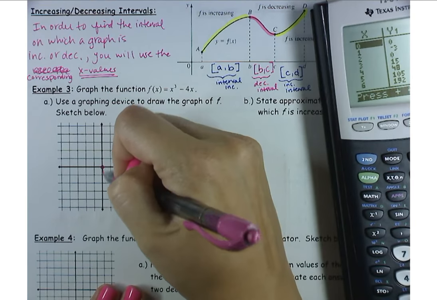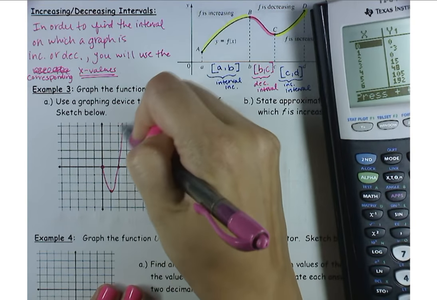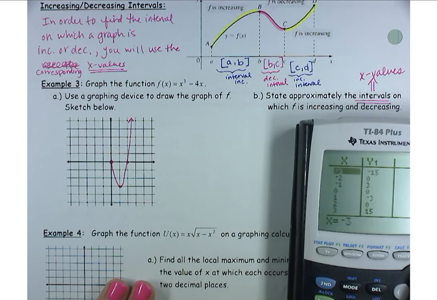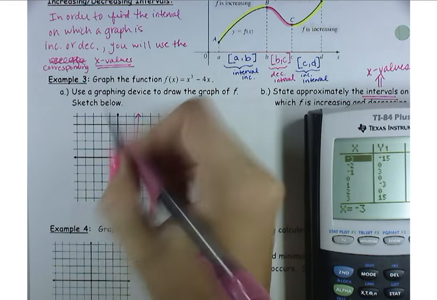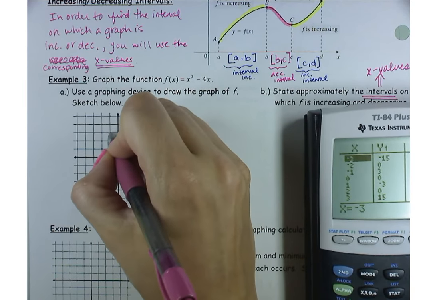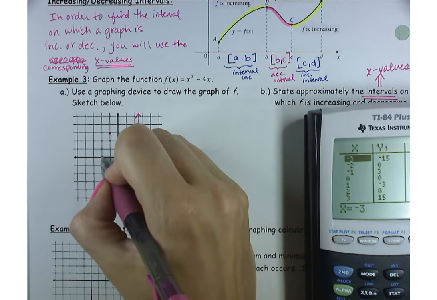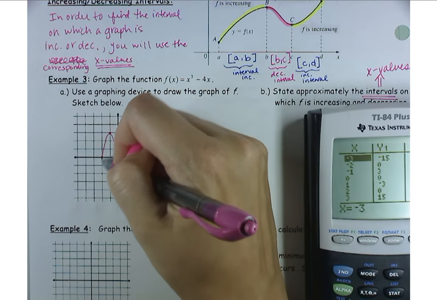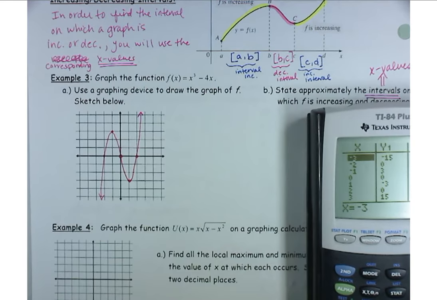Okay, so this is going to be my curve. And then I'm also going to go back down, and I can see at -1, I'm at 3, and then at -2, I'm at 0. So I'm going to connect these with a curve. How do our sketches look? Pretty good?